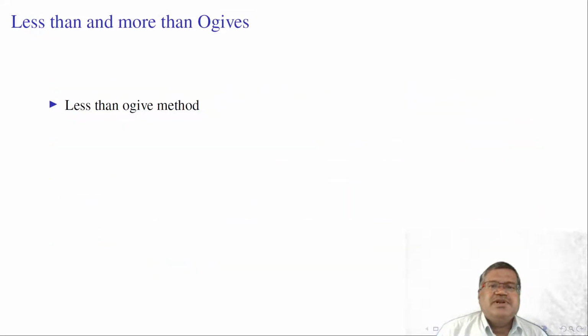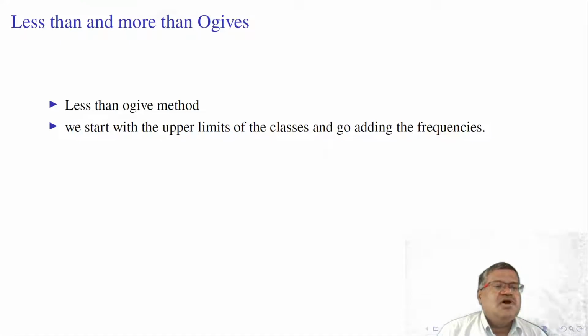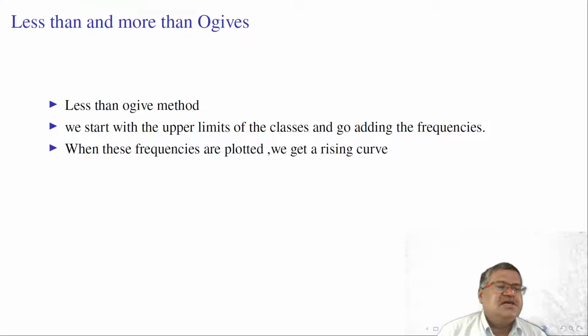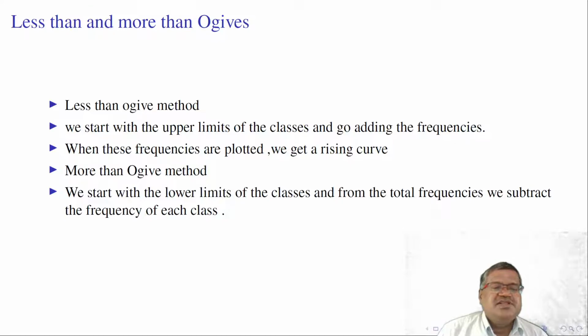We have two types of ogives, less than ogive and greater than, or more than, ogive. In the less than ogive, we start with the upper limits of the classes and go adding the frequencies. When these frequencies are plotted, we get a rising curve called less than ogive curve. For more than ogive, we start with the lower limits and the total frequency.